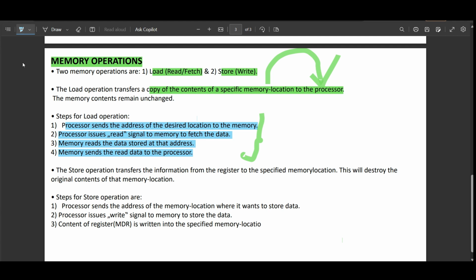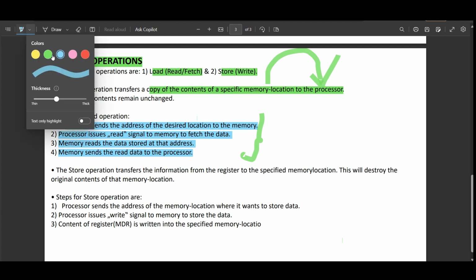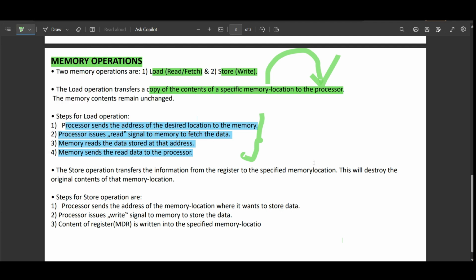Okay, now let's see what happens in the store operation. Before that, let's see what the store operation is. I have already told in my previous video that operations take place in the processor. In the ALU, certain operations take place, and the result can be stored in the registers of the processor, the general purpose registers, or it can be stored in the memory.